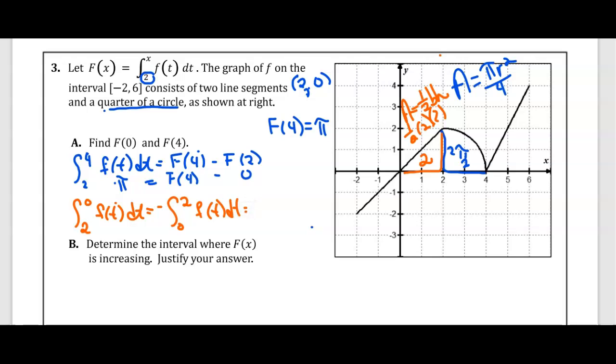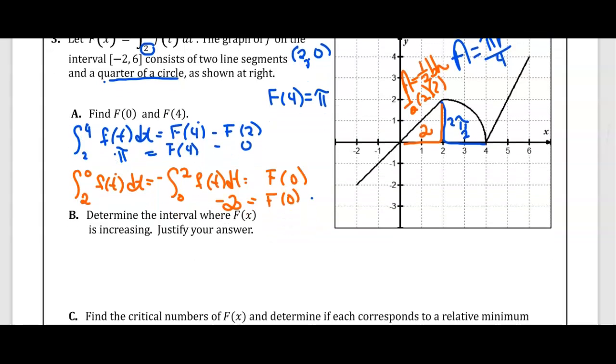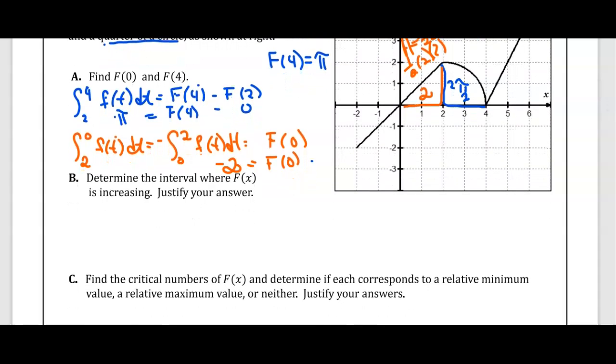So when I find out that I have f of 0 here, because the f of 2 is going to be making that the 0, I'm going to say that f of 0 is -2. All right, there we go. So that was the area under the curves working with the 1 point. Let's see what we have for part B.